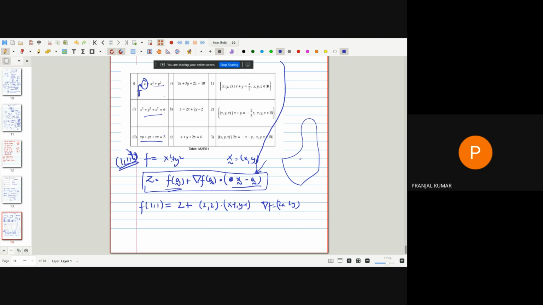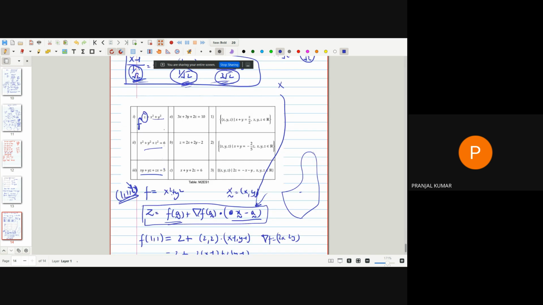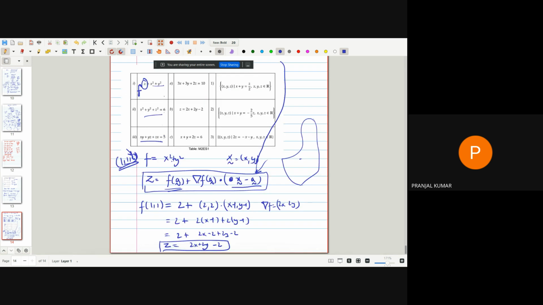Now write it: 2 plus 2(x minus 1) plus 2(y minus 1). This gives 2 plus 2x minus 2 plus 2y minus 2, so z equals 2x plus 2y minus 2. Just check it; this will match.